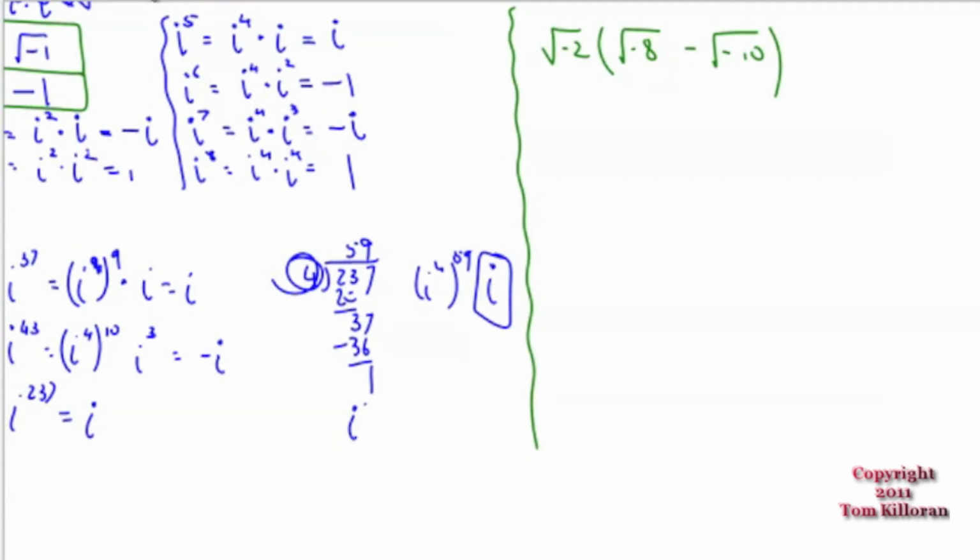This is just trying to get you used to that idea that the square root of a negative, you can't leave it that way. You're going to replace it with a bunch of i's. So how do I replace this one with an i?